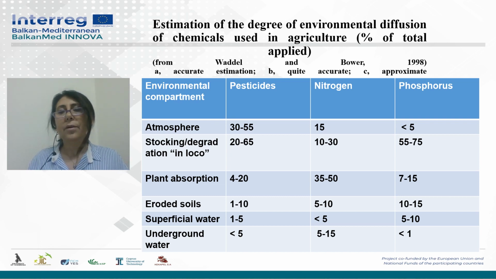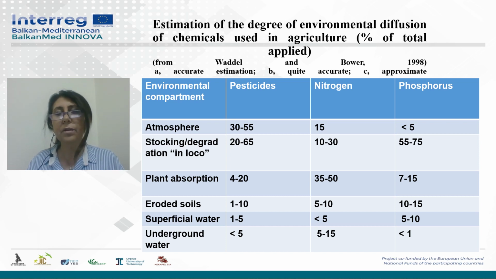As soon as the phosphate fertilizers arrive in the soil, they come into contact with the soil solution, and because of the pH of the soil solution, they are transferred from the soluble form to a non-soluble form, and this means they will be spread less compared to nitrogen.